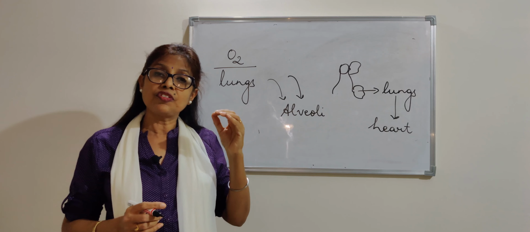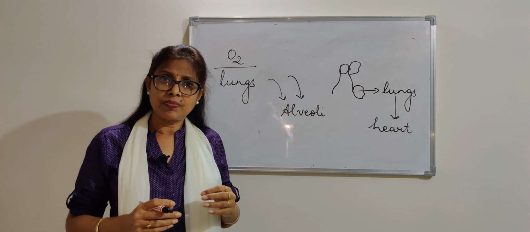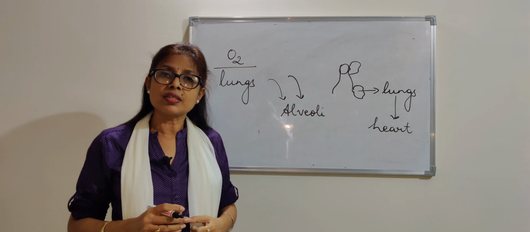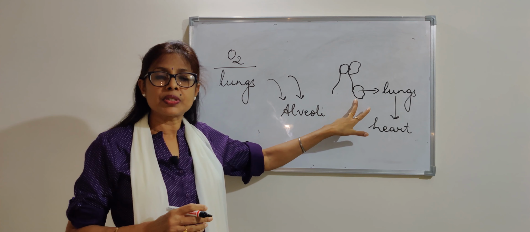You have seen that if there is air filled in a balloon, it is all stretched up, but if the air is removed, the balloon gets squeezed. So in that case, human lungs may collapse.